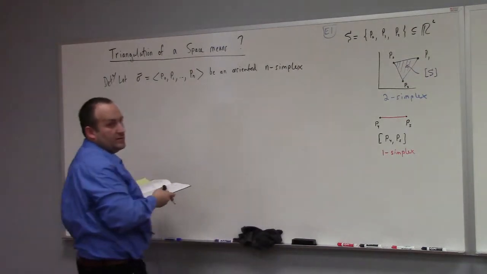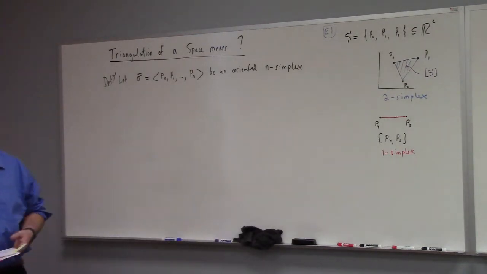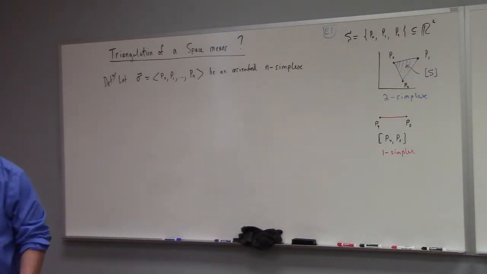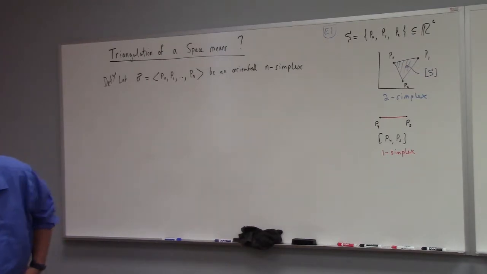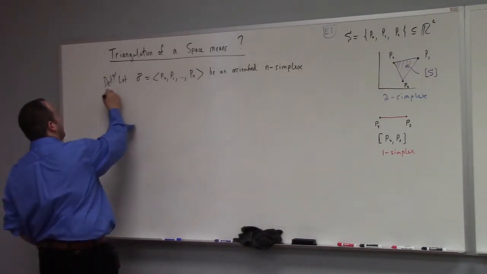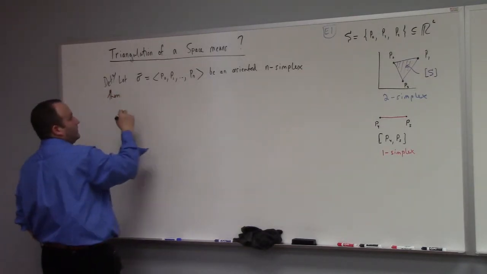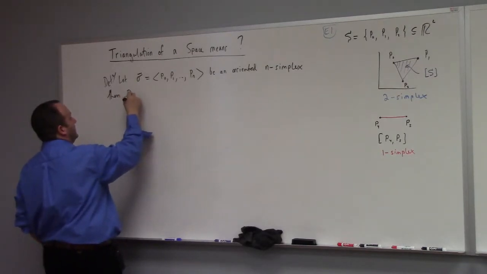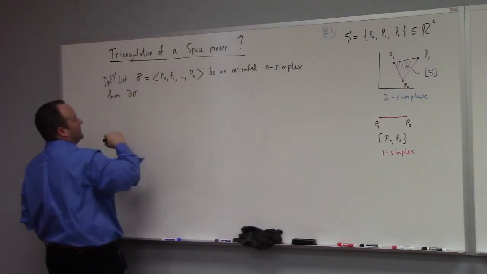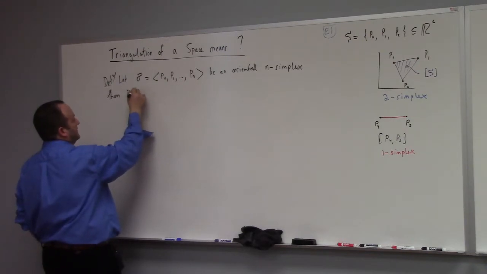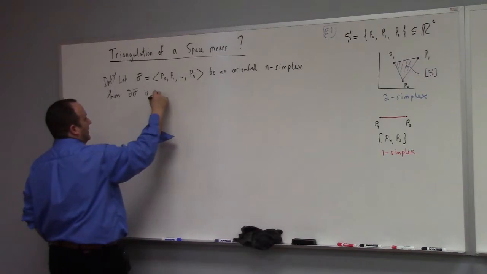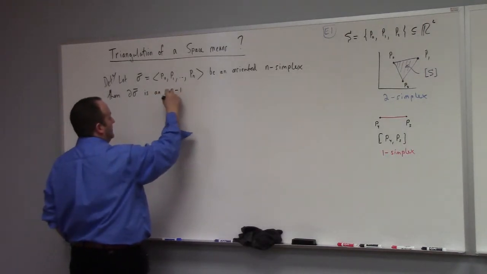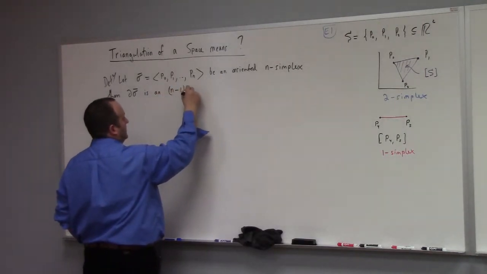Of course, this could belong to some simplicial complex, but it doesn't really matter where it belongs. Wherever it belongs to, we define the boundary of sigma. For the sake of specificity, the boundary of sigma bar is an n minus 1 simplex.